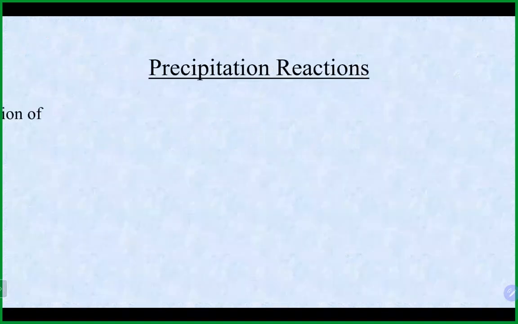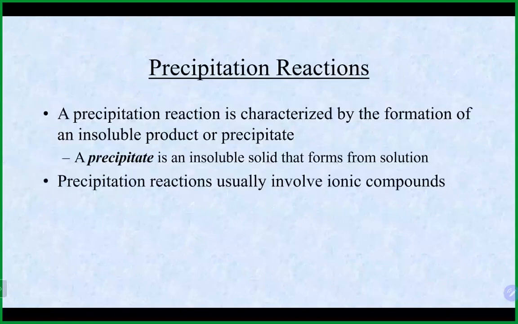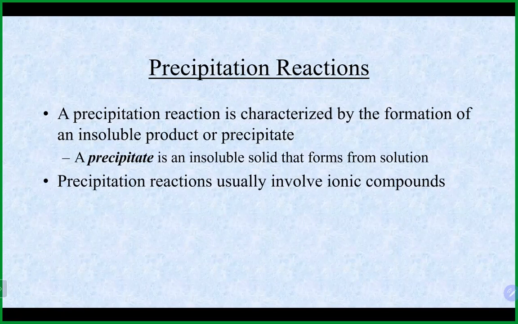So let's take a look at one here, or an idea. A precipitate is an insoluble solid that forms as a result of mixing, a lot of times, two solutions together, which you'll do today in lab. You'll mix a couple of solutions together and see if a solid forms. In reality, a solid doesn't have to be a rock hard solid that just drops to the bottom of the beaker or whatever it may be.